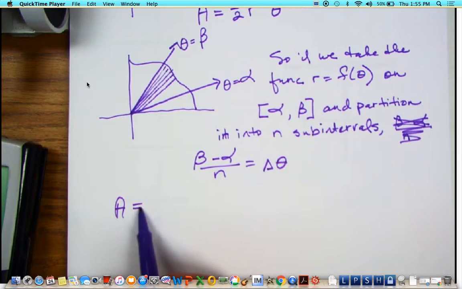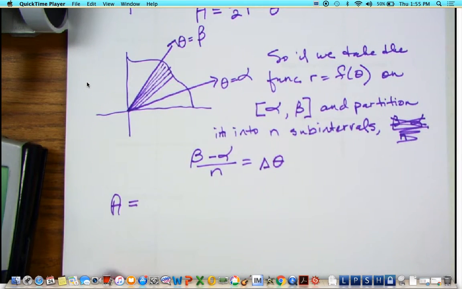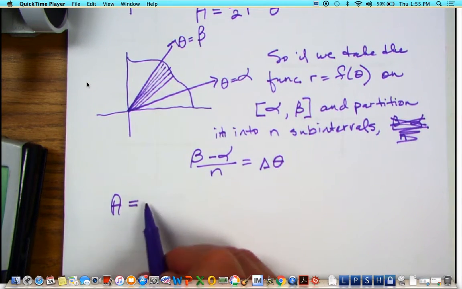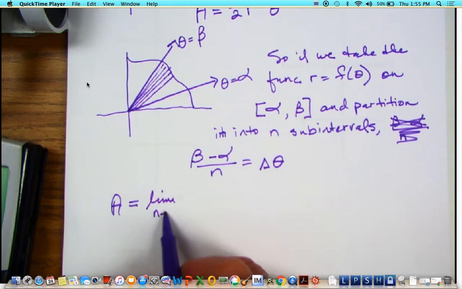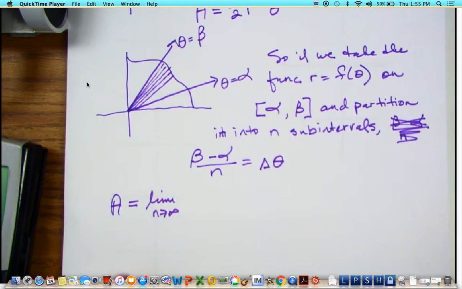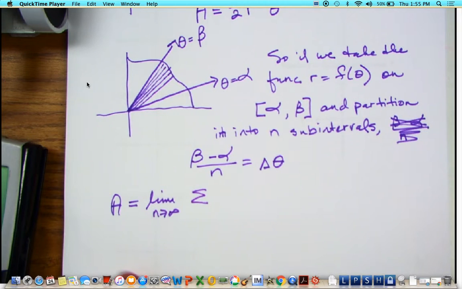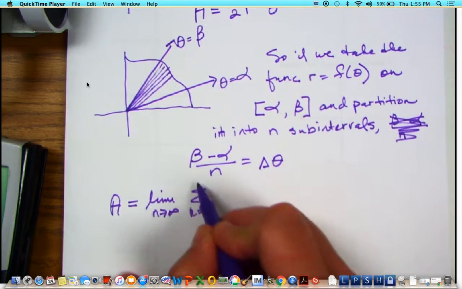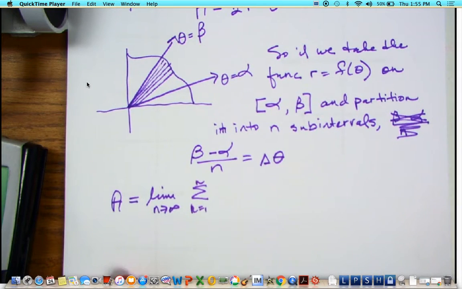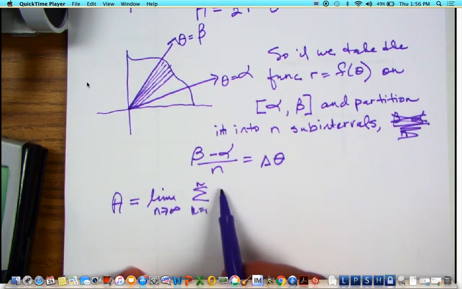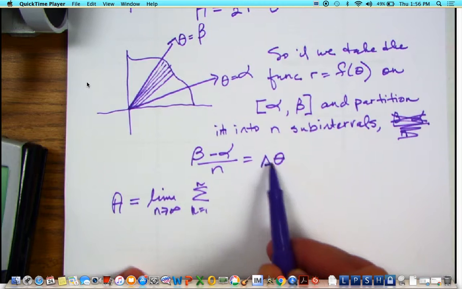So the area would be equal to, you guys just told me it's a limit, right? It's a Riemann sum. The limit as n approaches infinity of the sum from k equals 1 to n of what am I summing together? Beta minus alpha, and I'll just call that delta theta.